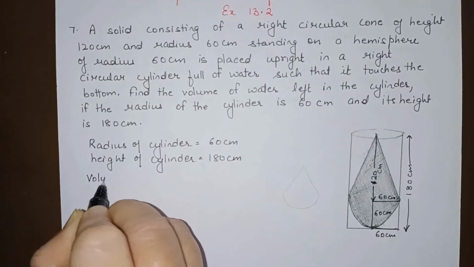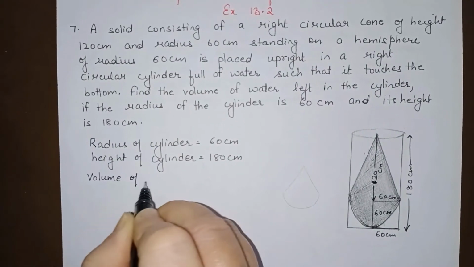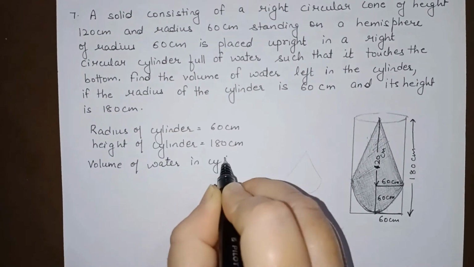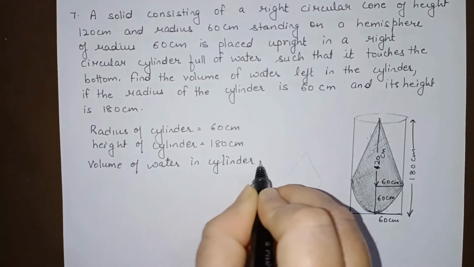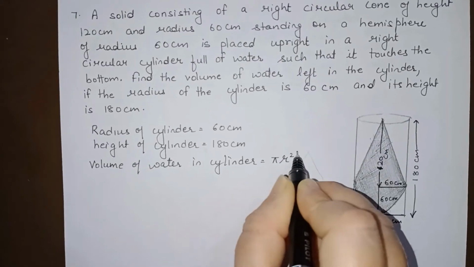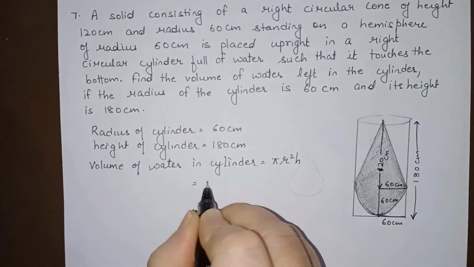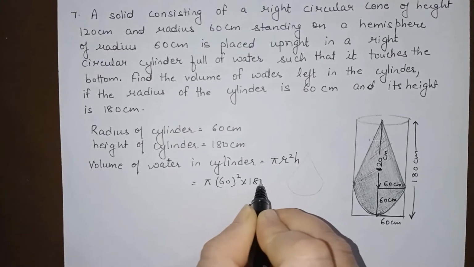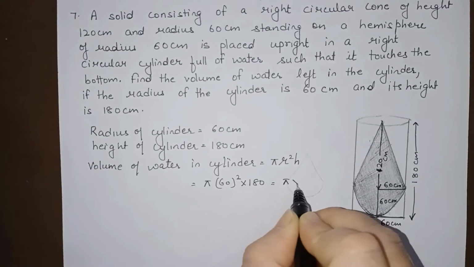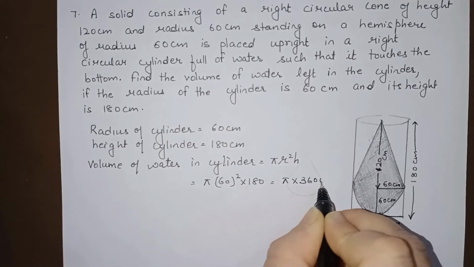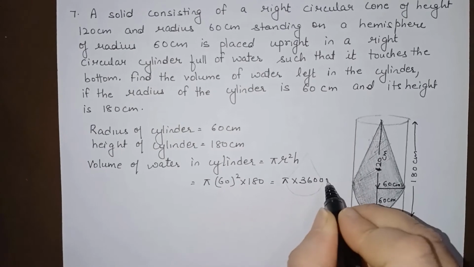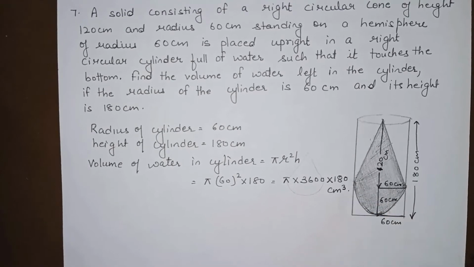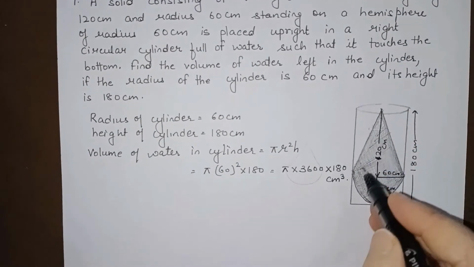So, volume of water in the cylinder will be equal to pi r square h. So this is pi into 60 square into 180. So this is pi into 3600, 60 square is 3600, into 180 centimeter cube. Right? Now we will take this solid.